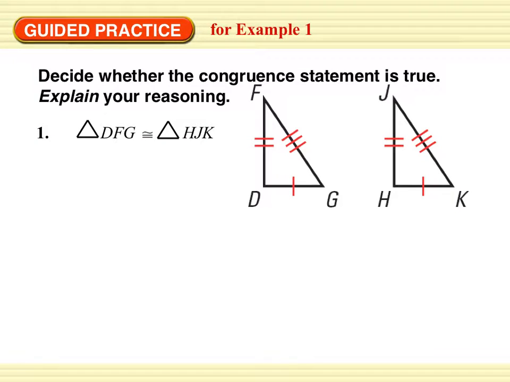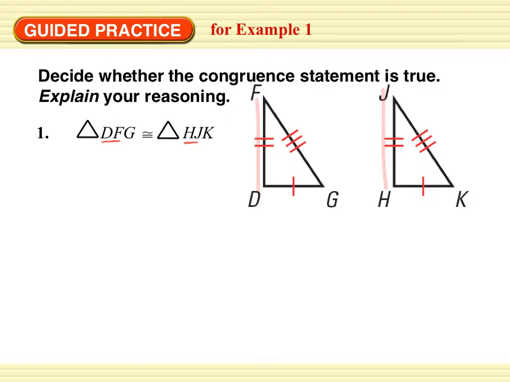So here, if it says triangle DFG is congruent to HJK, we do have to confirm that they have the same congruency marks that match. For example, if we match DF, the first 2 letters, with the first 2 letters here, we need to double check that it has the same marking. So DF is here with 2 marks, HJ is here with 2 marks, so that one works out.